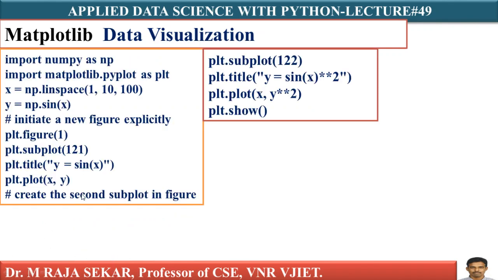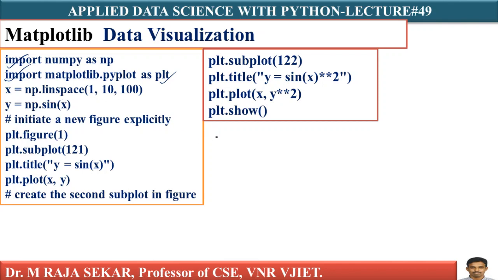Just see this one. It is a simple and straightforward program. import numpy as np, import matplotlib.pyplot as plt. We know the meaning of these two statements. x = np.linspace(1, 10, 100).